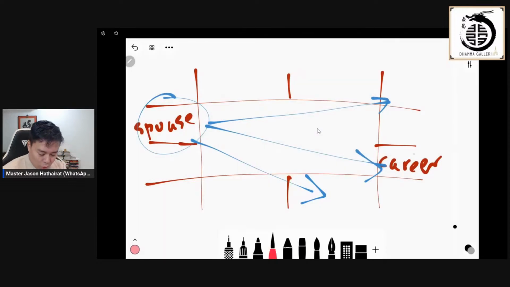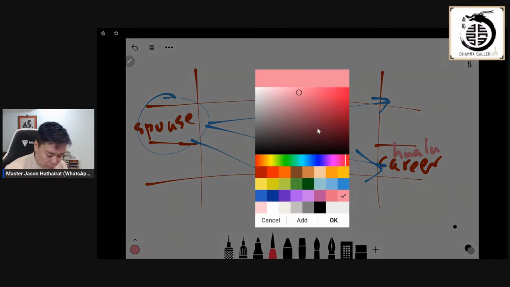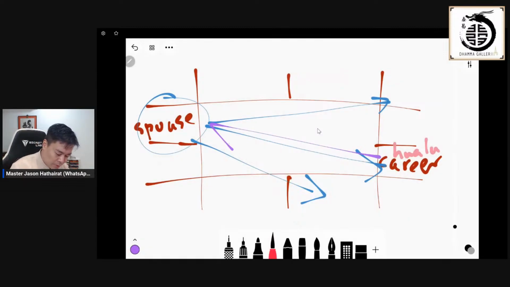I mean, Hua Lu will be right opposite of the spouse domain, bringing about wealth to the spouse. Will that be a positive thing? I would say that's pretty nice, right? That person's wife will also benefit because of this Hua Lu at his career domain, okay?